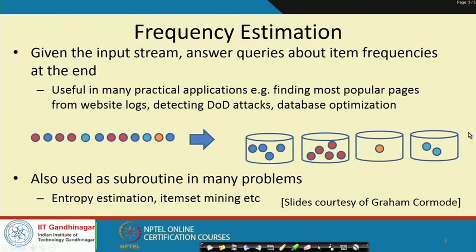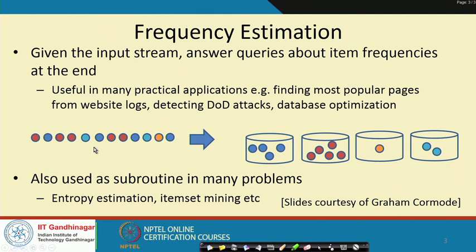The problem that we tackle in these two lectures, today's lecture and the next, is the question of estimating frequencies. Imagine this is a stream. You get the red ball, you get the blue ball, you get two red balls, you get a turquoise ball, you get a blue ball, and so on.